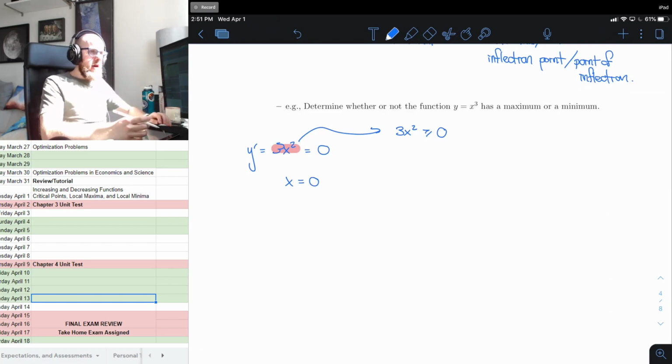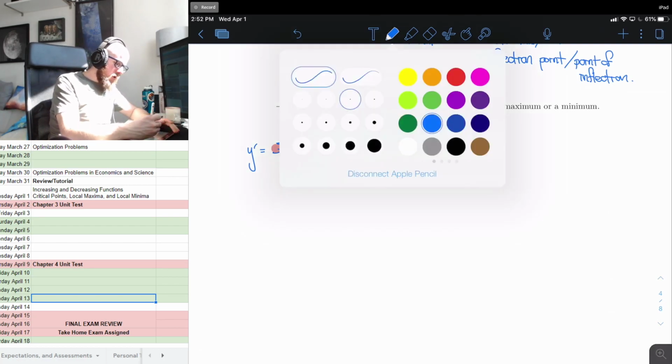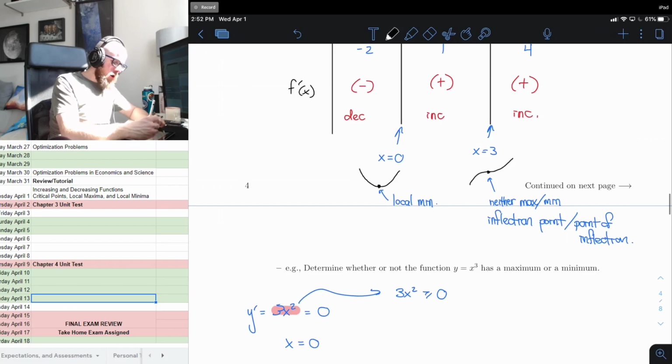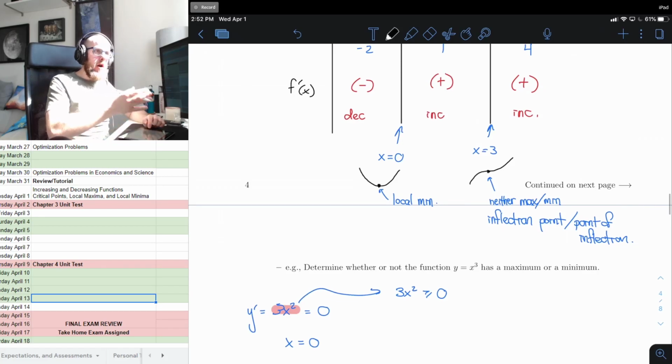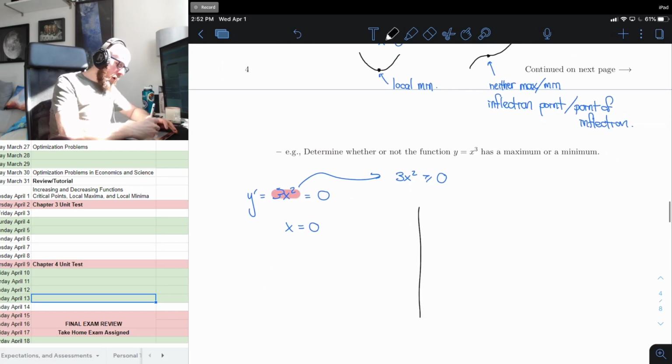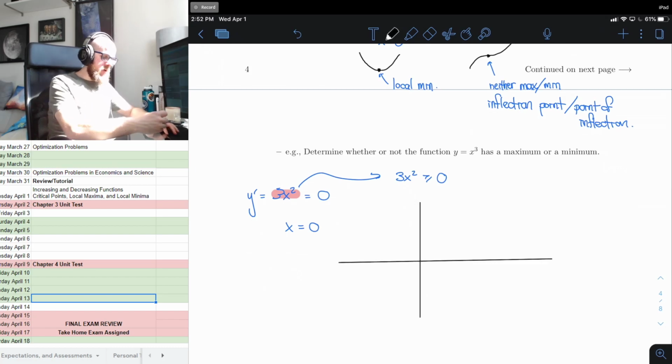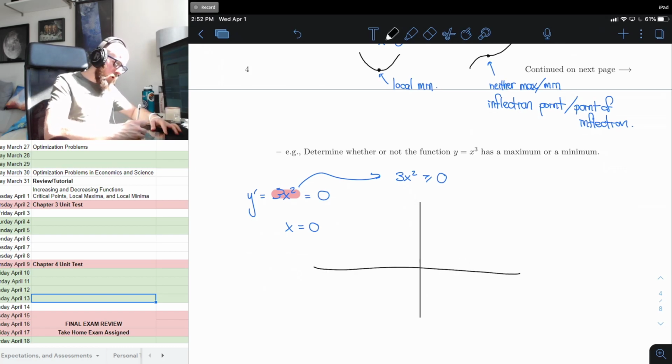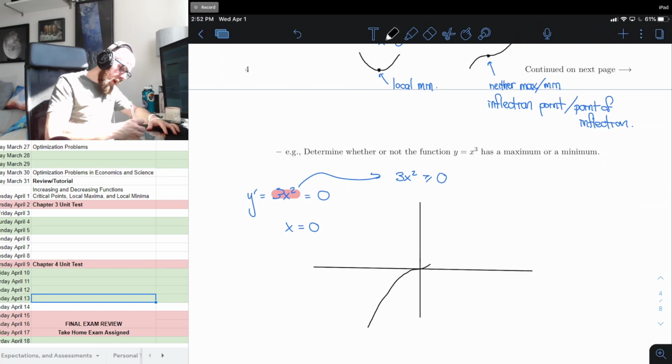So again, I get a similar scenario to the previous problem, where I go from increasing to increasing. I'm sure you guys have both seen y equals x cubed, the basic cubic polynomial, by now. It looks something like this: we have a point like that, and then it keeps increasing like this. Y equals x cubed.